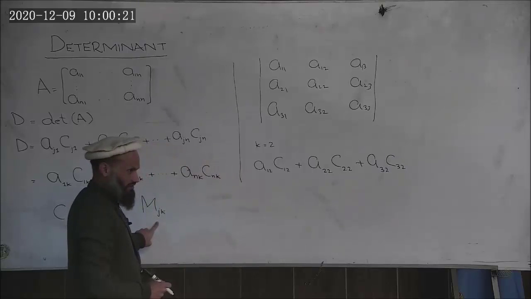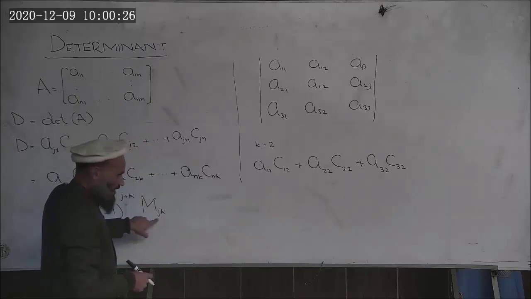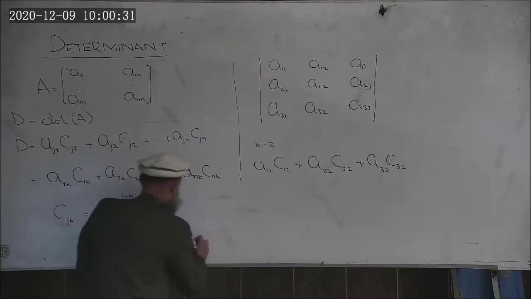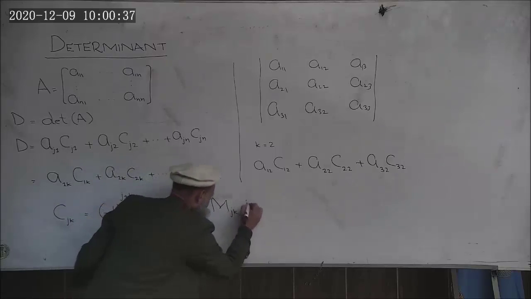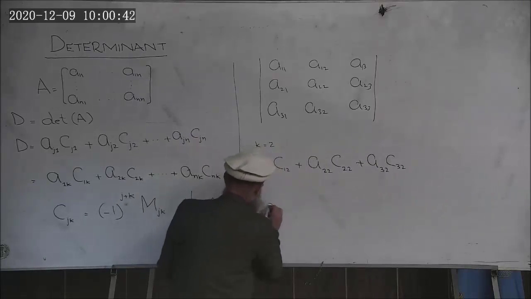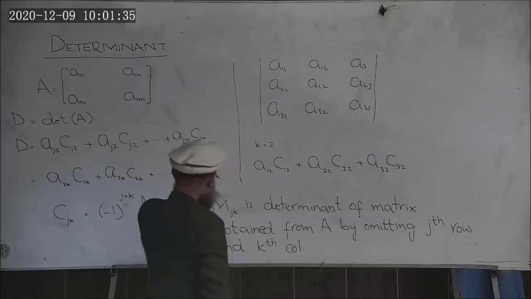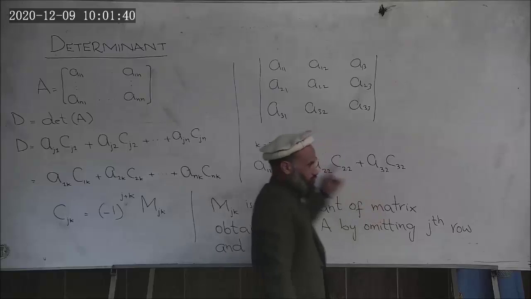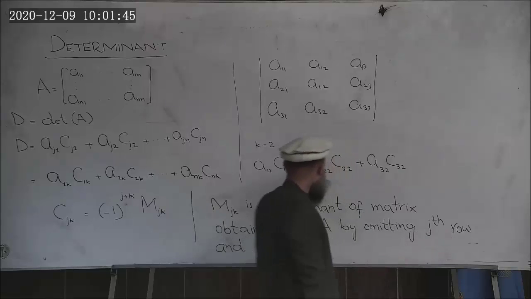The minor Mjk is the determinant of the matrix obtained from matrix A by omitting its jth row and kth column.